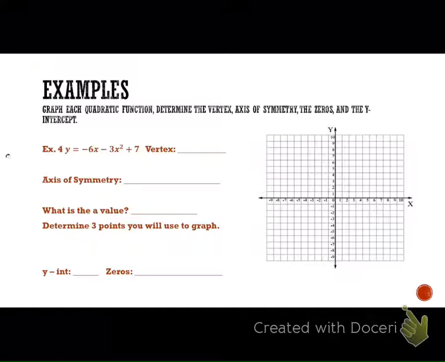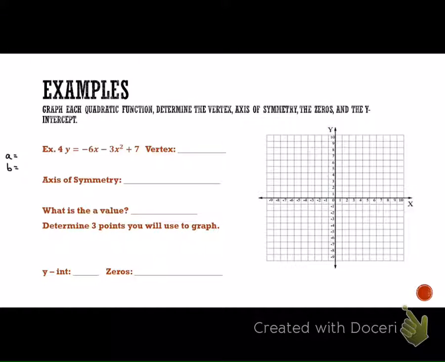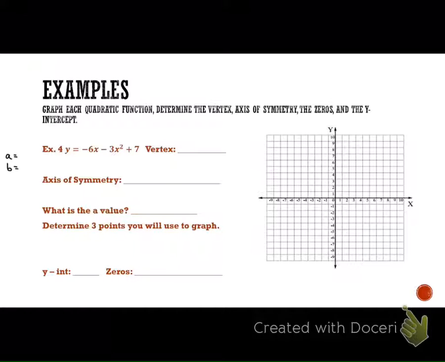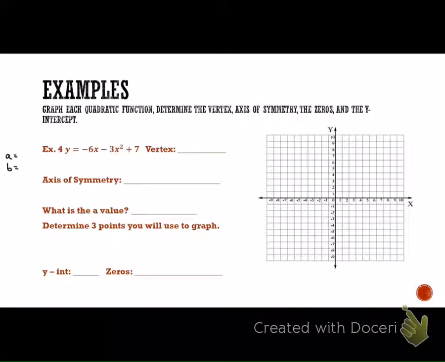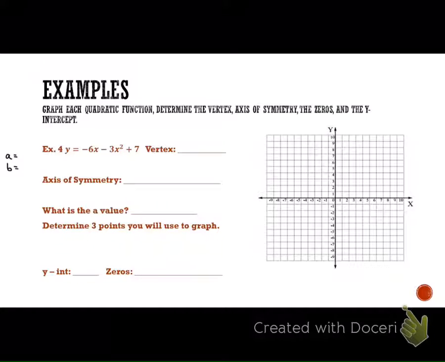All right. Kaylin, what is my A value and my B value? A is... You're stopping yourself. Why are you stopping yourself? What's weird about this problem?